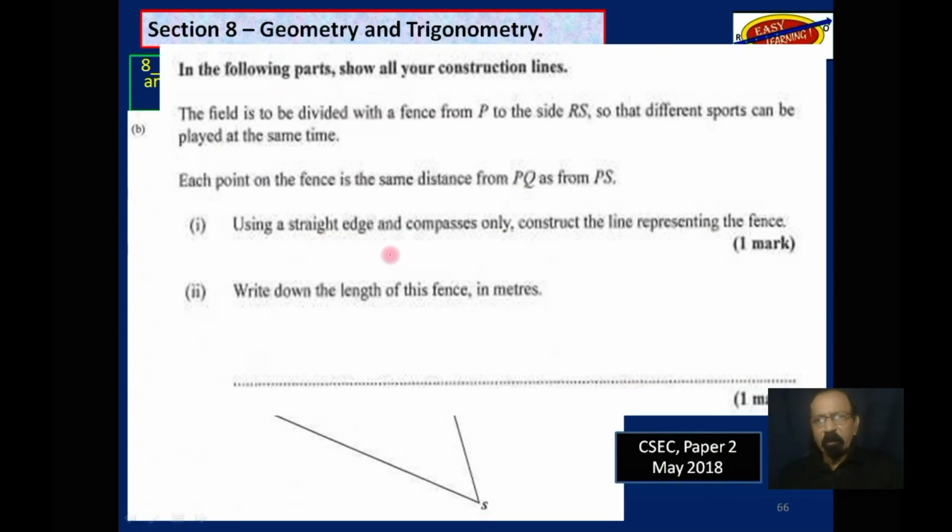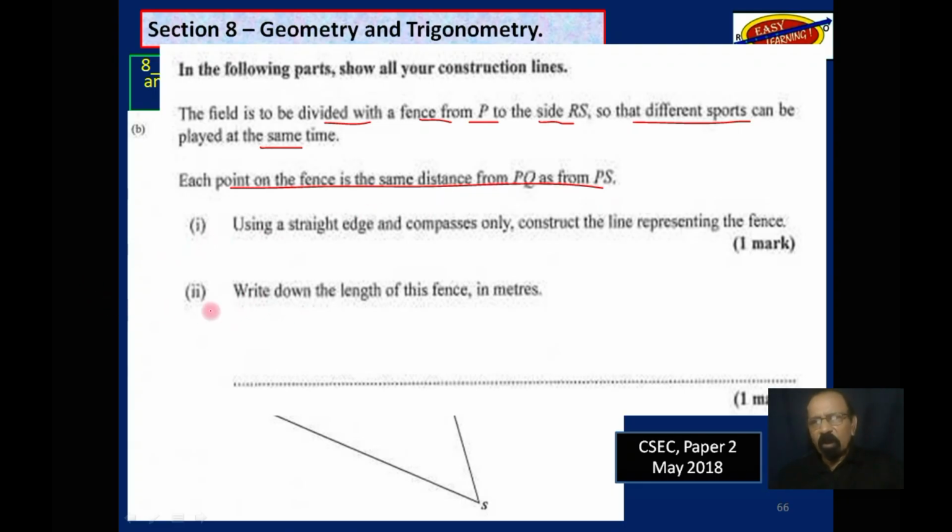Just to make sure we remember what the question was, that field is to be divided with a fence from P to the side RS so that different sports can be played at the same time. Now, each point on the fence is the same distance from PQ as from PS.